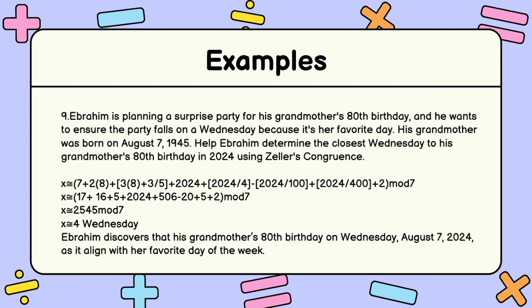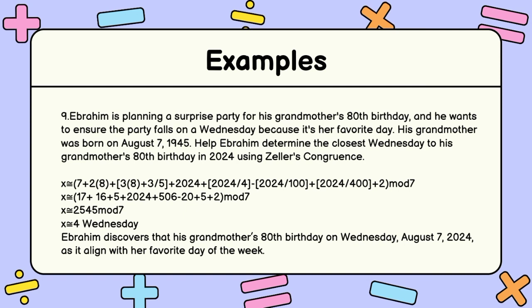Let's put it into the formula. The answer is x is congruent to 4. So it falls on Wednesday. So Ibrahim discovers that his grandmother's 88th birthday is on Wednesday, August 7, 2024, as it aligned with her favorite day of the week.